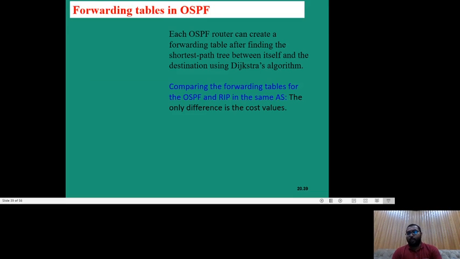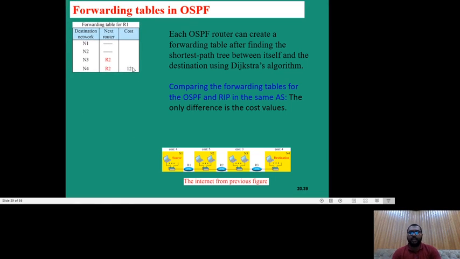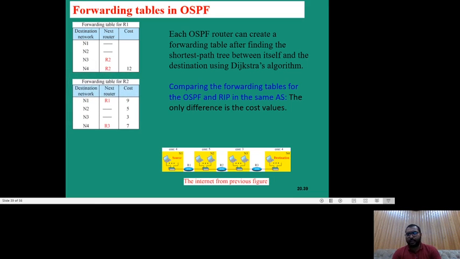Okay, so now the forwarding table will be almost similar. The only difference between RIP and OSPF is the cost, and at the same time it will follow the Dijkstra algorithm.